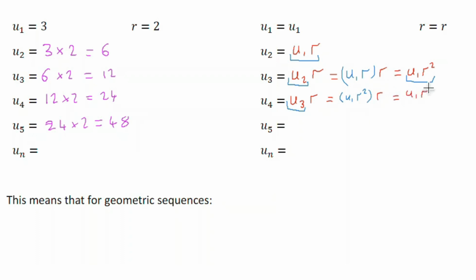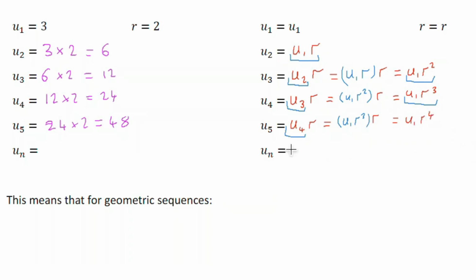That is u1 r cubed. u5 is u4 times r. But we know that u4 is equal to u1 times r cubed. So u4 times r becomes u1 r cubed multiplied by r, which is u1 r to the power of 4.